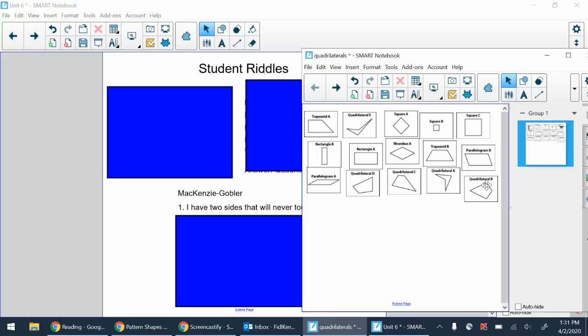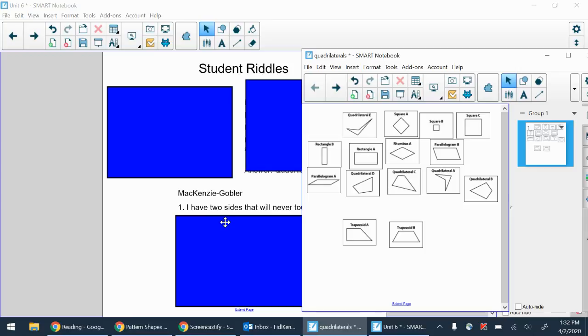And it says I have 2 sides, so I'm assuming that's 1 pair. So I know trapezoids have 1 pair of parallel lines. Now let's see, these all have 2. 2, 2, 2, 2, none, none, none, none. Okay, so I've already narrowed it down to being one of these trapezoids.